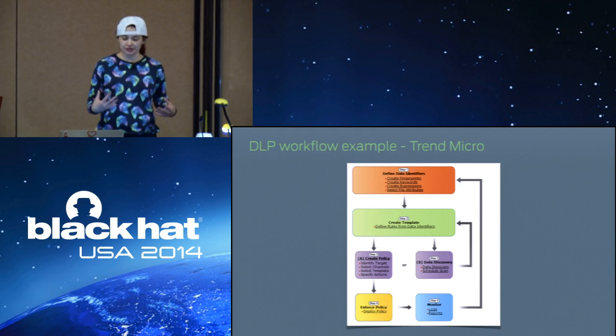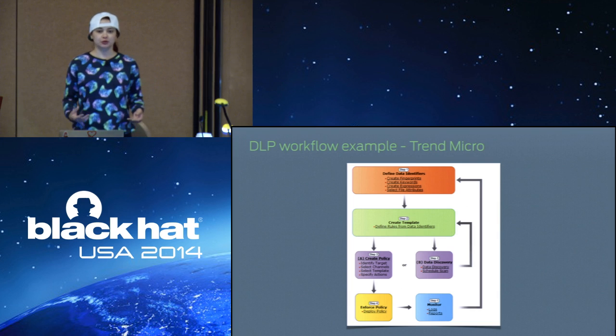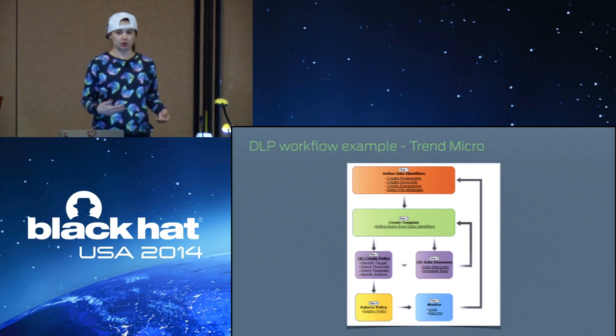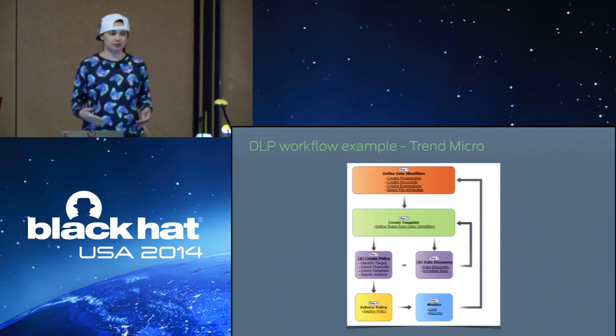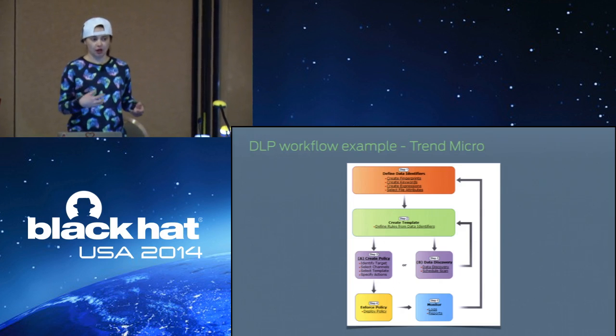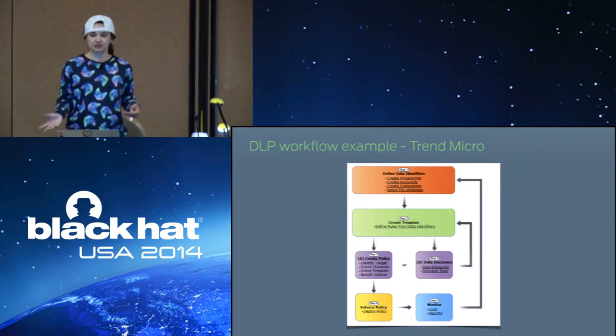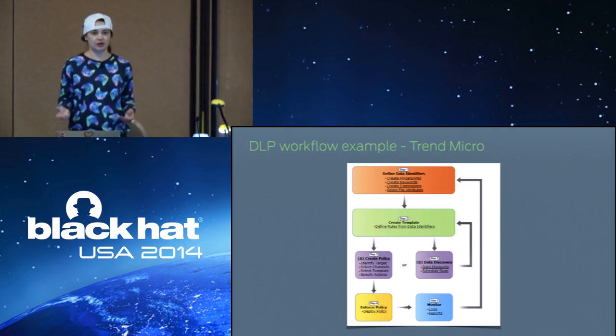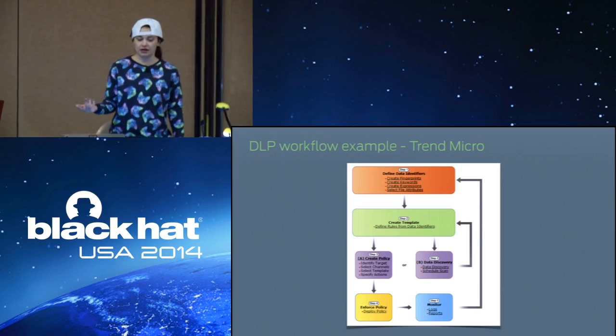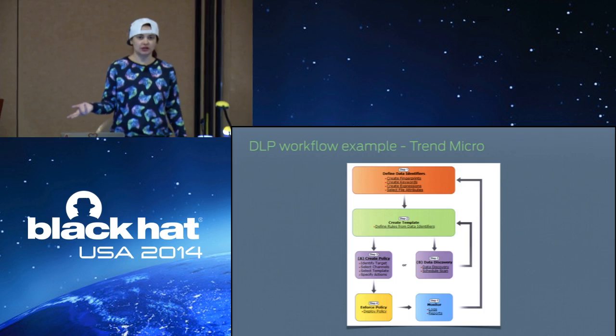And then you are going to make rules around that. What do you want to do once you find what you told the product to look for? Do you want to take that file off the file system and store it in some sort of quarantine? Do you want to just log it so the administrator can look at it later and figure out how to act on it?